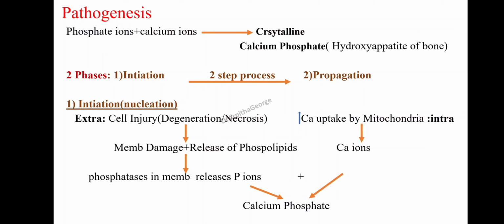Why is it releasing phospholipids? Because the cell membrane is made up of phospholipid. So this membrane will release phospholipids because the tissue is already dead, because of some injury or inflammation.